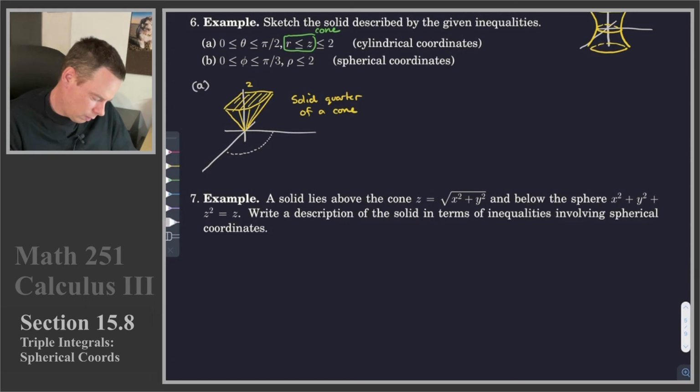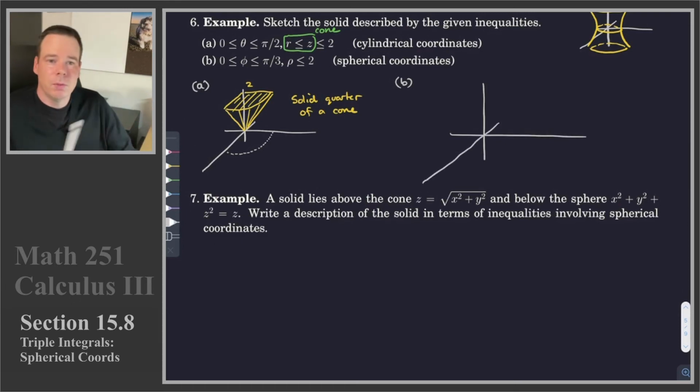And what's our next example? So this is spherical coordinates. Phi is between 0 and pi by 3. So again, remember with phi, we imagine we're at the z-axis. Phi is just that drop that we come down in any direction. The direction really depends on the theta value, but phi is just that drop.